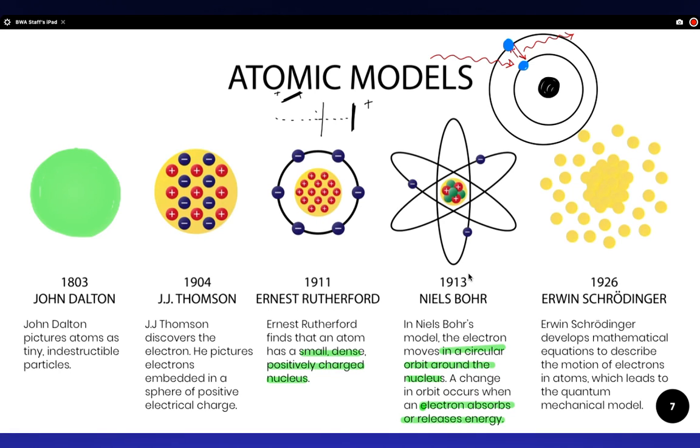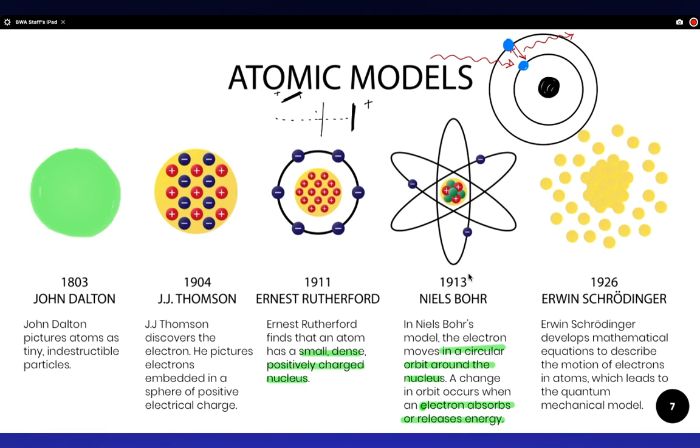And finally, Erwin Schrödinger developed some mathematical equations. This model looks kind of messy compared to the other ones, and that's exactly what he meant it to look like, because he was saying that there's no way to predict where these electrons will be, and there's no way to say that they move in an exactly perfect circular motion.